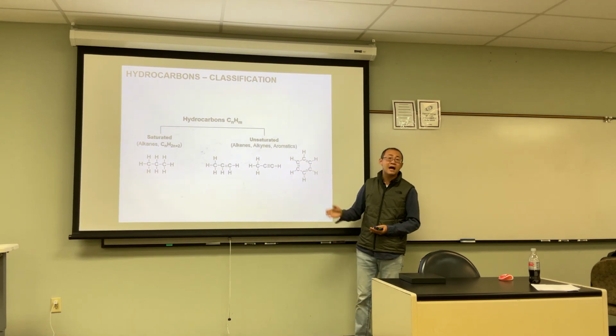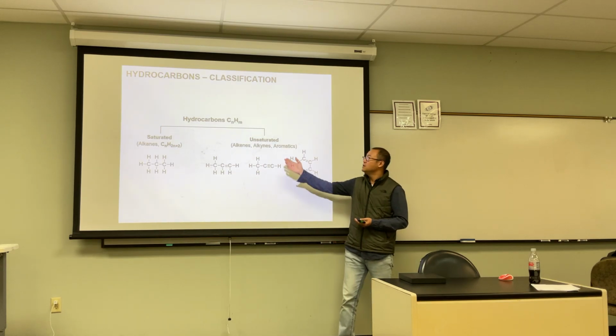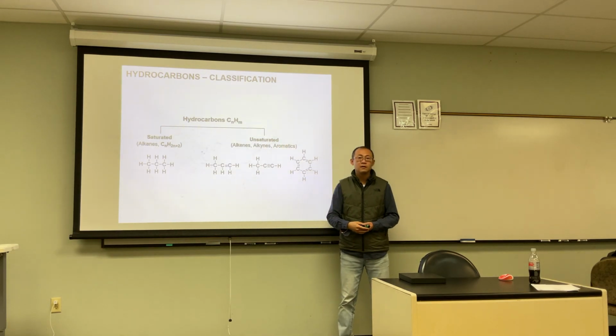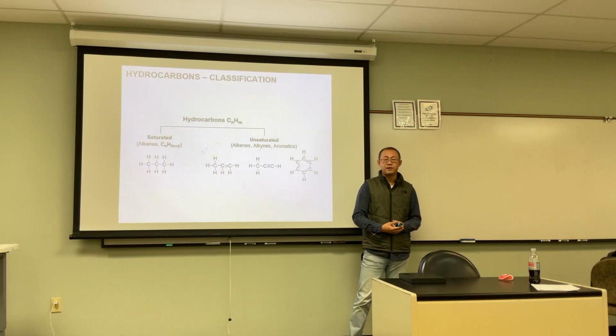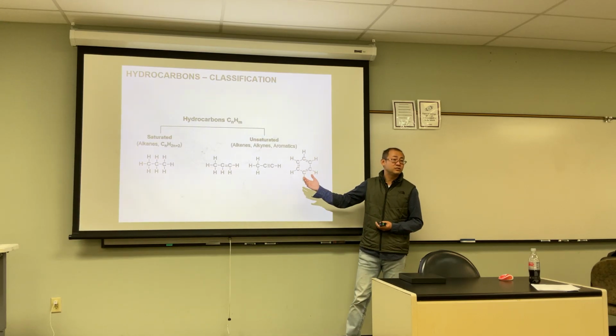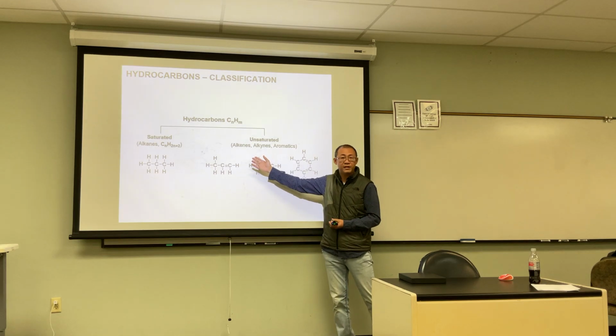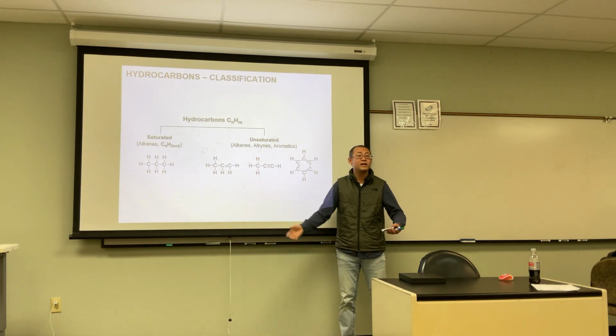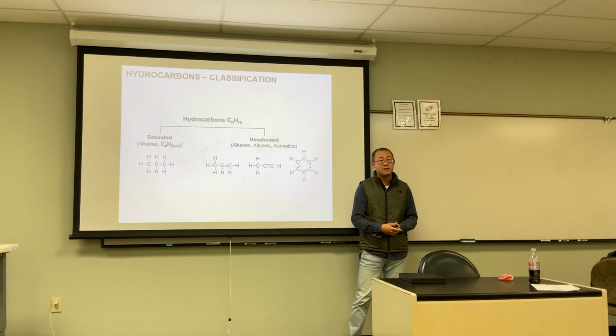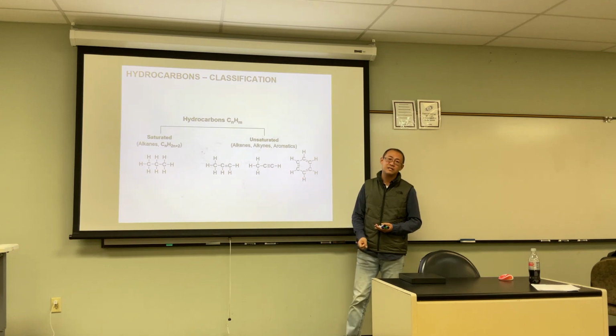So those are the 3 types classified as unsaturated hydrocarbons. And we're going to answer the question some of you might have had: why do we call those unsaturated, and why do we call those saturated? What do saturation and unsaturation mean? We can answer that after we study this.